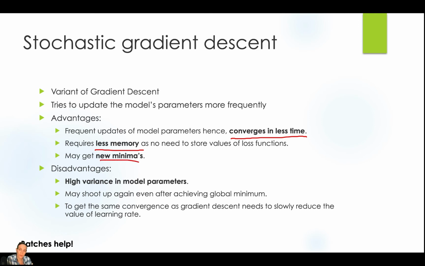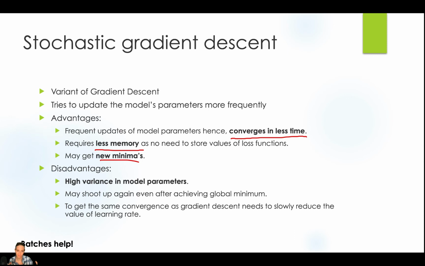Exciting. Some of the disadvantages: there can be a high variance in the model parameters. Okay. So it may shoot up again after achieving a global minimum. Why is that? Because if we take a particular batch, it might have a different minimum than the global minimum for the data set.